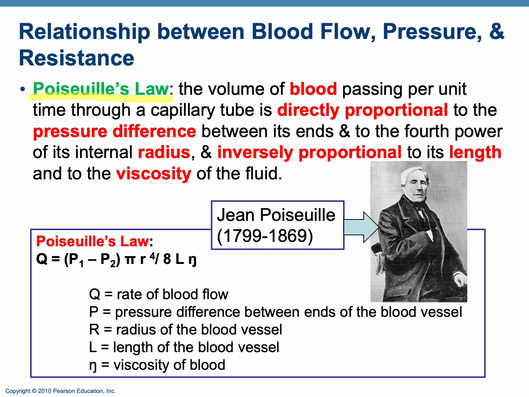And when we look at the overall Poiseuille's law, we look at the volume of blood passing per unit time through a capillary tube is directly proportional to the pressure difference between the ends of the blood vessel to the fourth power of the internal radius, and inversely proportional to the length of the blood vessel and the viscosity of the fluid. So the fluid, in this case, looking at the blood.